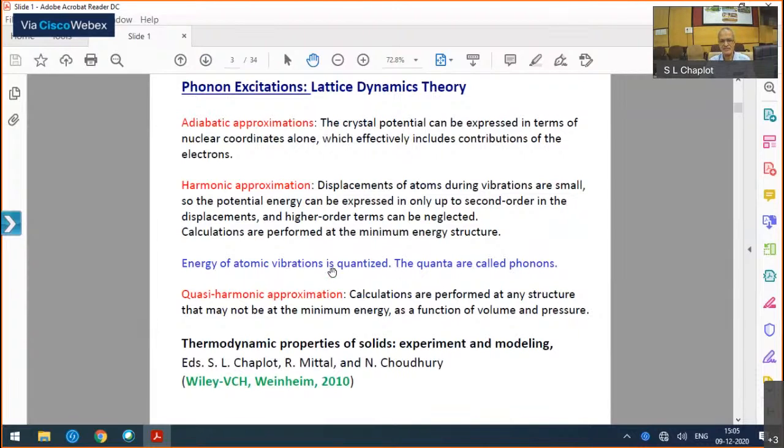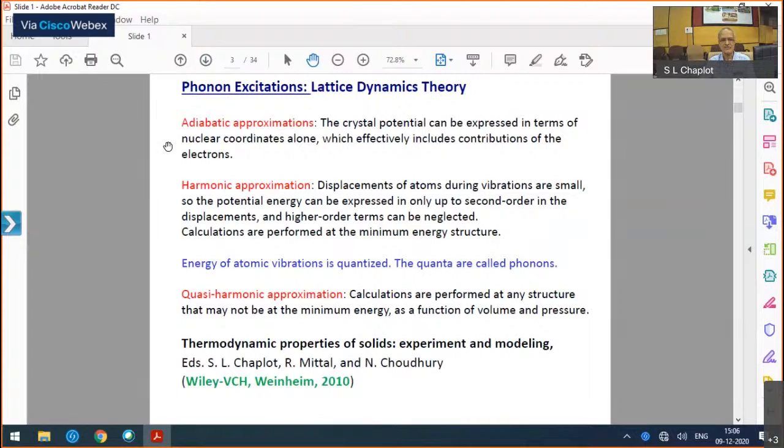They have a distribution in terms of wave vectors and energy, and a large number of excitations depending on the number of atoms in a primitive unit cell, the so-called number of degrees of freedom. Now let's see what approximations are required for ensuring this, because independent phonons or the so-called normal modes have certain requirements.